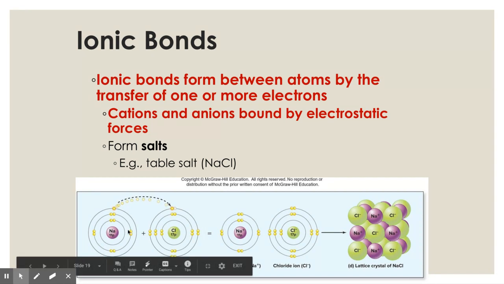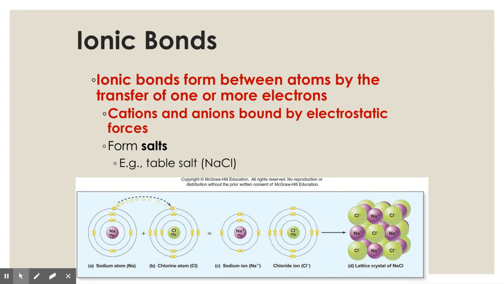So how it works, sodium gives away its 1 electron to chlorine. If we looked at chlorine, it just needed 1 more electron in order to get 8 in its valence shell. And it's much easier to take in one electron than it is to get rid of 8 of them. So it's happy to accept sodium's 1 electron.